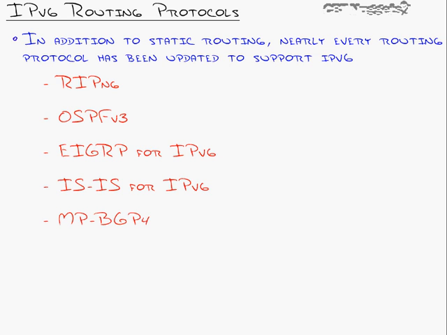Now, just about every routing protocol has already gone through architecture updates so that it can run for IPv6. You can also use static routes for IPv6 as well. But you can see, for instance, RIPng, or next generation, which by the way is the common name for IPv6, IPng. So RIP is running the new version and able to handle that.